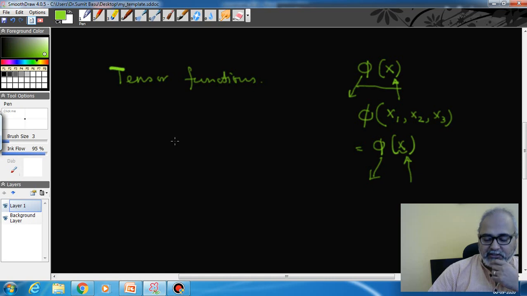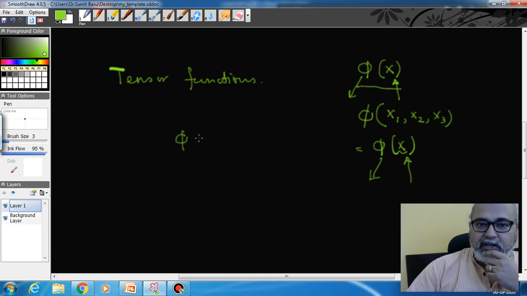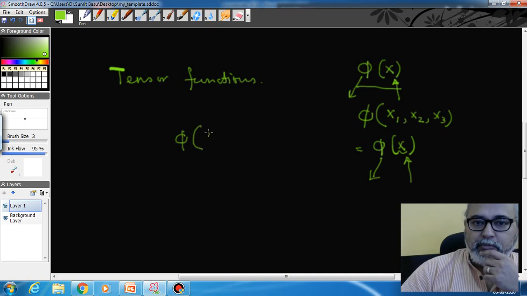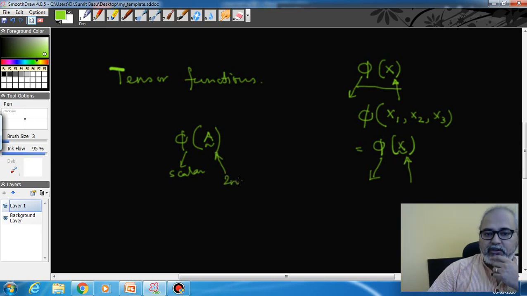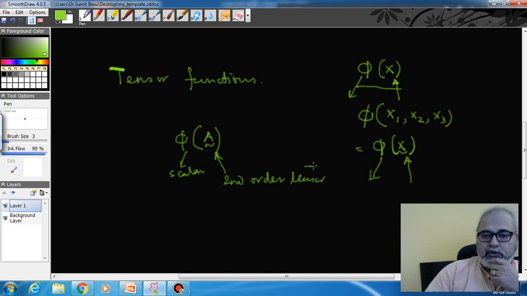Similarly, we can imagine that we have scalar valued functions which depend on some second order tensor A. So this outputs a scalar, but the input to it is a second order tensor. Okay, so we can generalize this actually further.